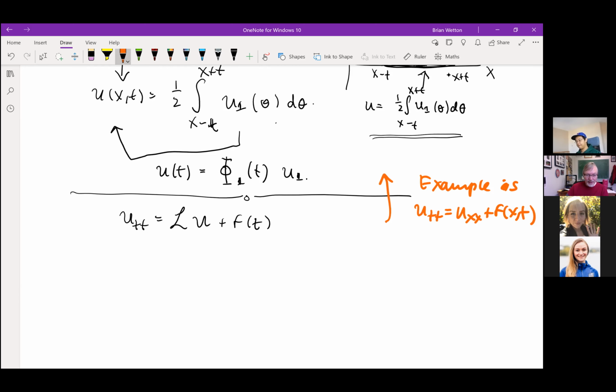But in this abstract setting, I'm thinking that this f is a whole function of x and time t, and u is the whole function of x at time t, in this formal way we're looking at it. Just like the same kind of idea as here.